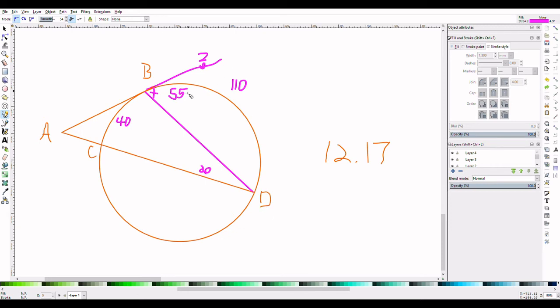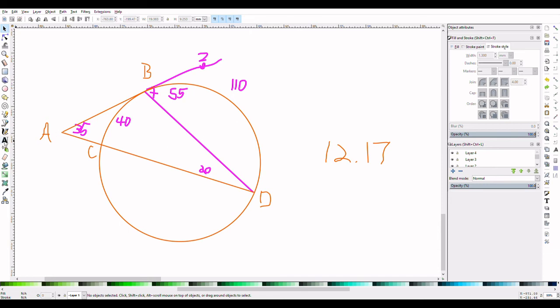Therefore, it's an exterior angle, making DAB 35 degrees, because the exterior angle of a triangle equals the opposite interior angles combined. And angle A is what we wanted to find in the first place. But as you can see, it is the same as saying 110 minus 40 over 2.